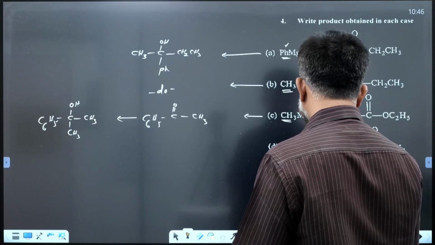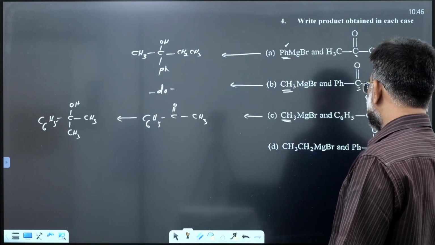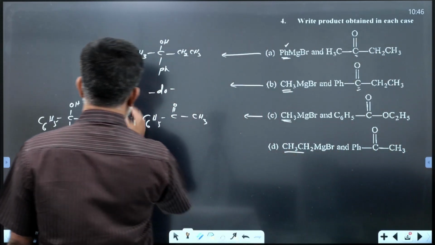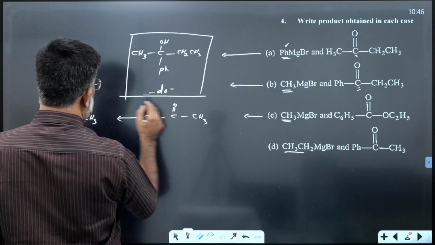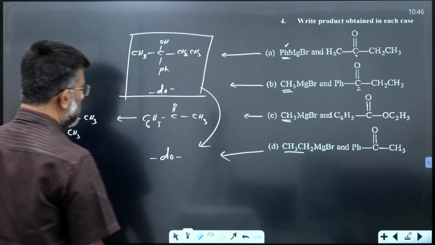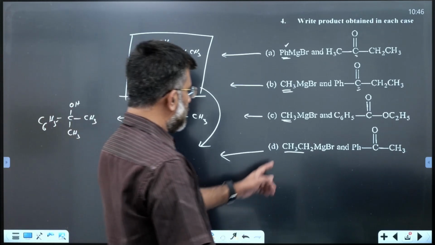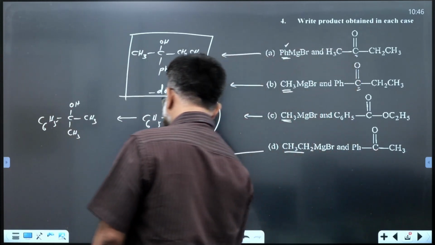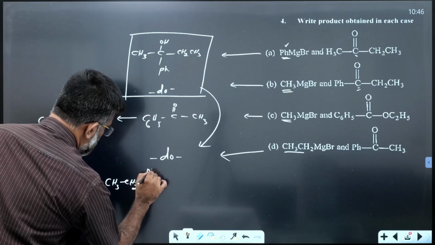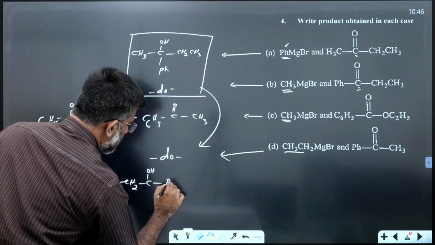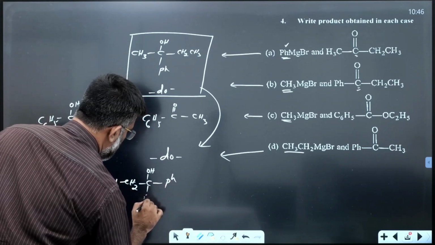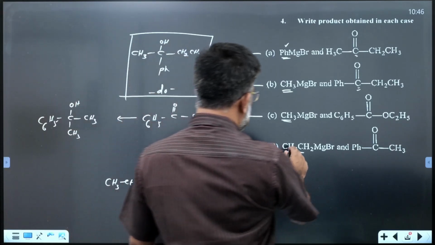What about D? Wow. In D also the product will be the same as this. So whatever product is obtained in A and B, you are getting the same in option D also. As you can see, CH3, CH2, and there is CH3, sorry, Ph, and CH3 will be coming on this carbon.